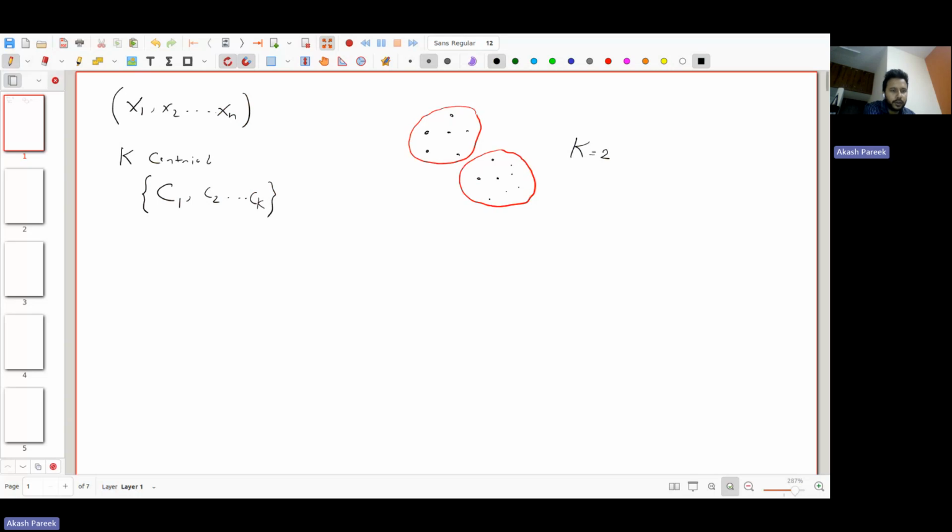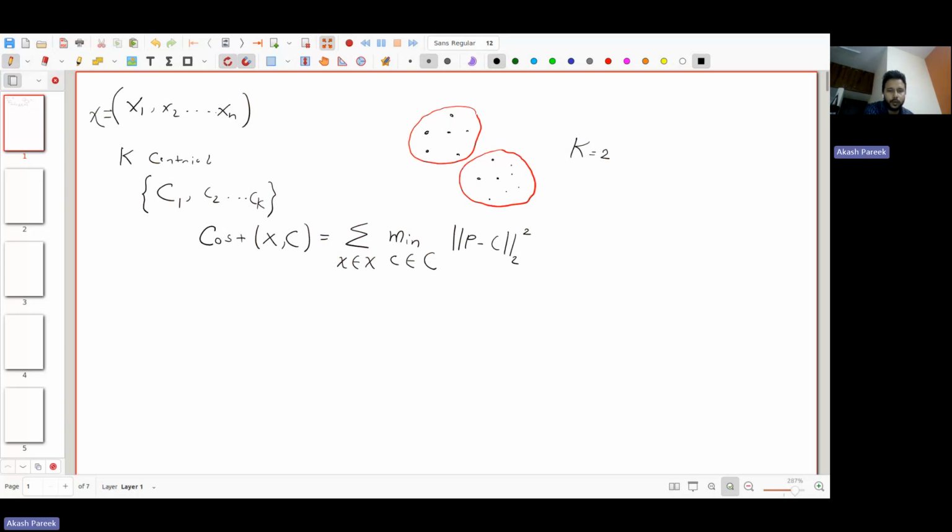So what is the cost function that you want to minimize? The cost of X on C is written as the summation over all x belonging to X, minimizing with respect to c belonging to capital C, of the squared Euclidean distance.